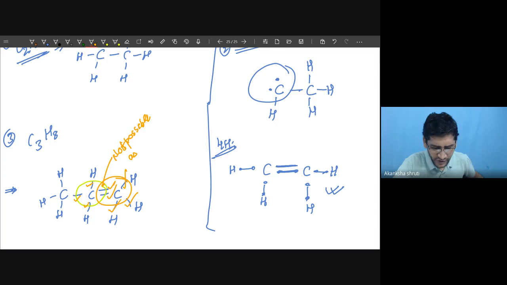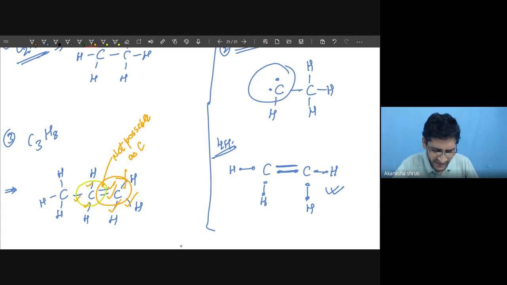Why is it not possible, students? Very simple. What has happened here? The carbon has valency more than 4, which is not possible. Can carbon have valency less than 4? Not possible. So tetravalency always has to be satisfied.